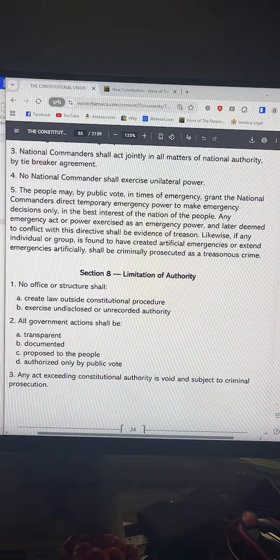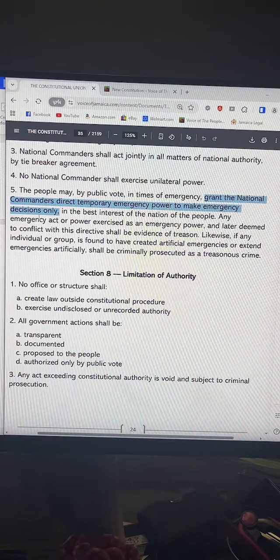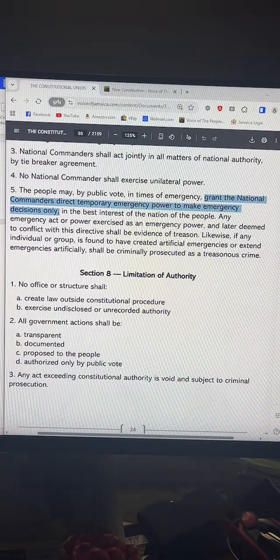The people may, by public vote in times of emergency, grant the national commanders direct temporary emergency power to make emergency decisions only. So again, anytime we grant any kind of extraordinary power, we are limited to the circumstances and situations necessary to exercise that power.